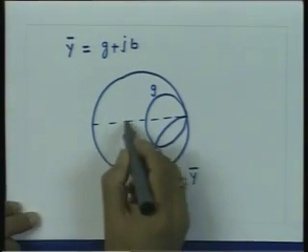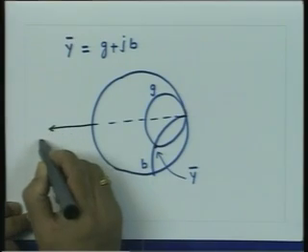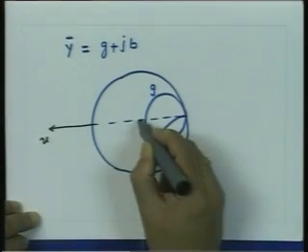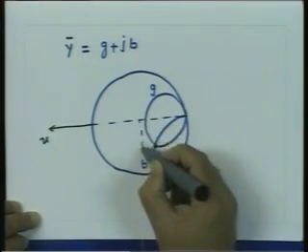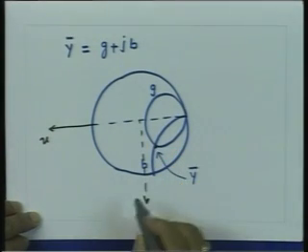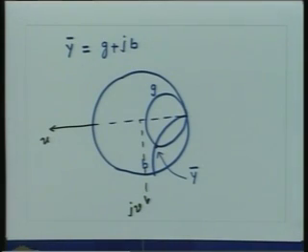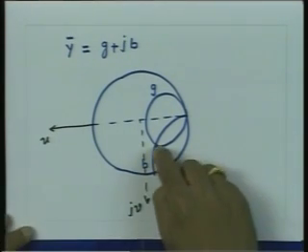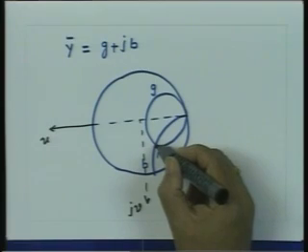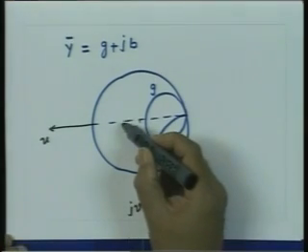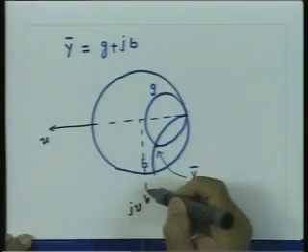So, for admittances the real gamma axis is this axis, and the imaginary gamma axis is the j gamma axis. So, for this point here, which is the admittance point, I have to measure the angle from this axis now.